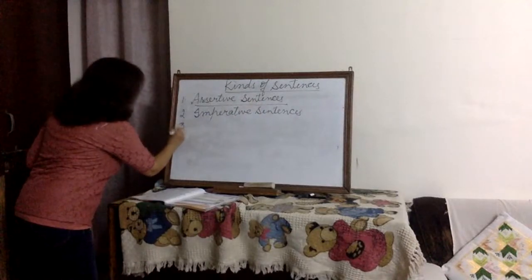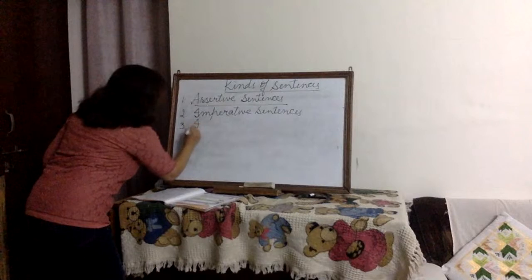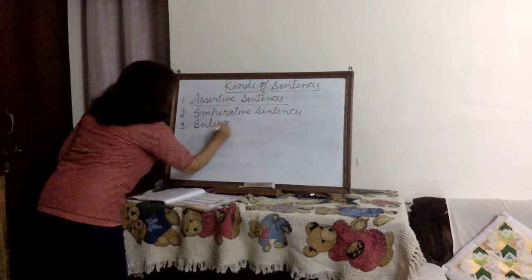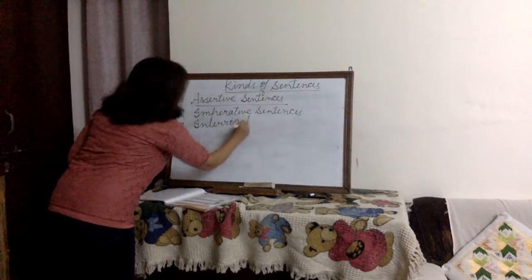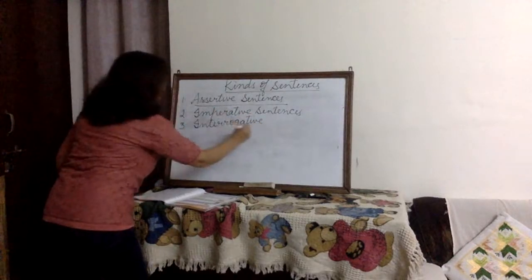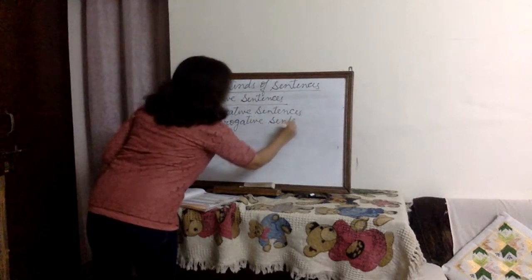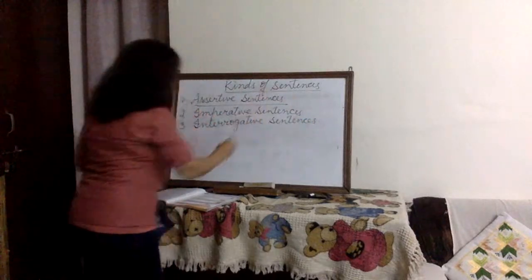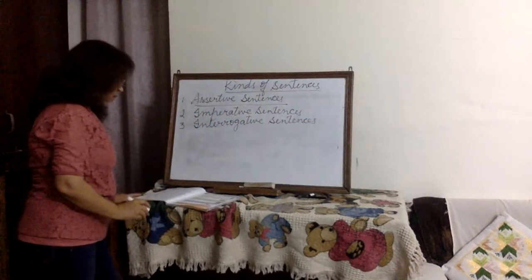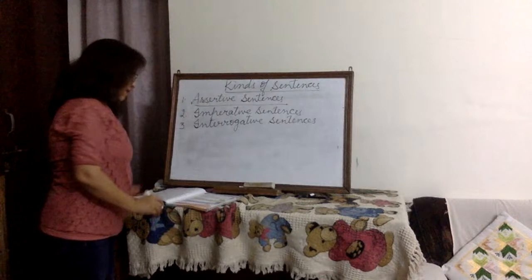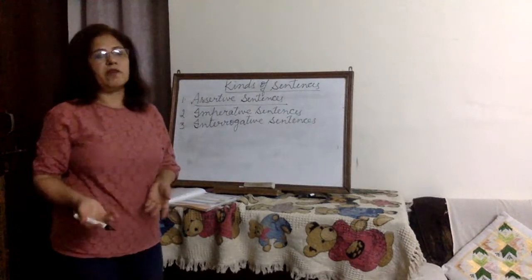Number 3, interrogative sentences. So what are interrogative sentences? They ask about something or someone.